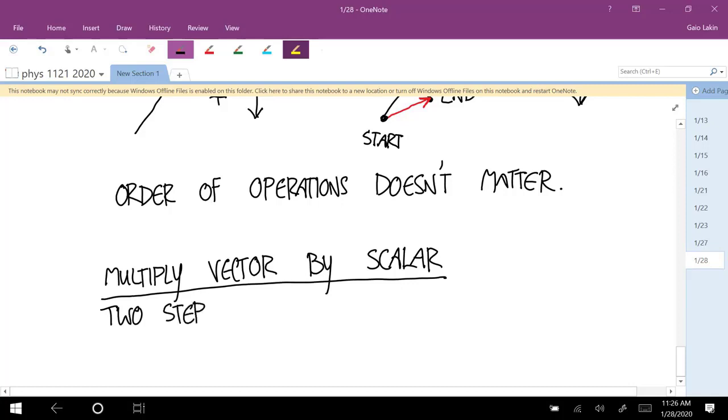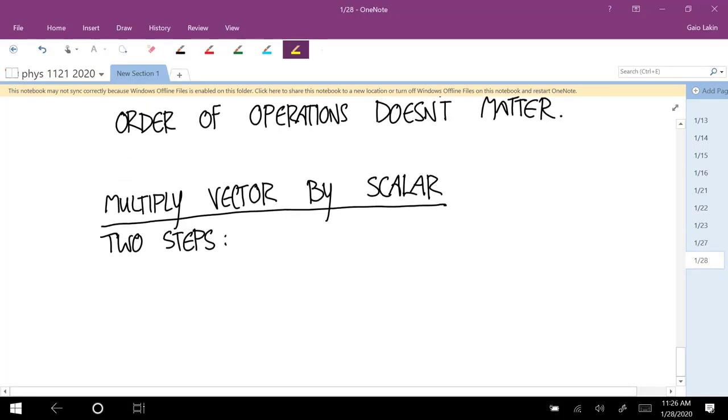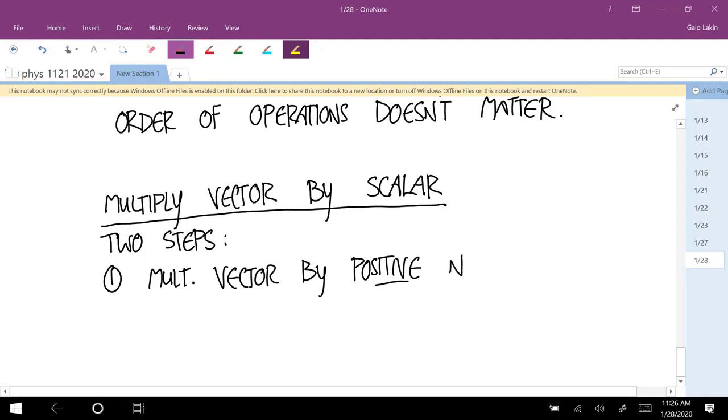So we're going to think of first what it means to multiply a vector by a positive number. And then after that, we're going to think about what it means to multiply a vector by -1. And with those two steps, you can multiply by any positive number, any negative number.